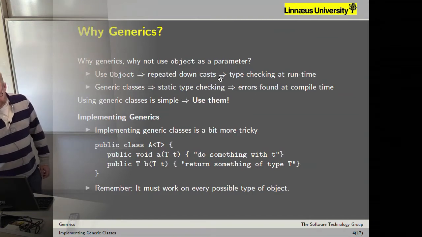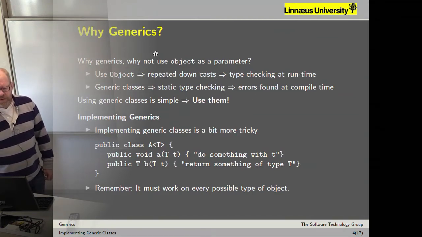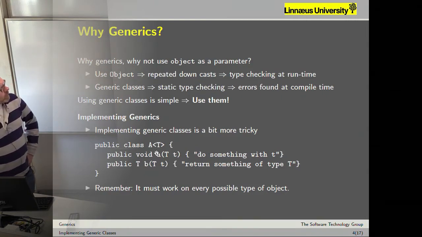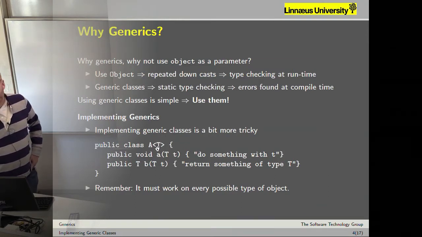I think this was the one that I said. Okay, so you have used generics and you understand why to use generics. Implementing generics looks something like this. We are creating a new class here, called just A, but we insert a type parameter. And this one could be Integer, String, or whatever.